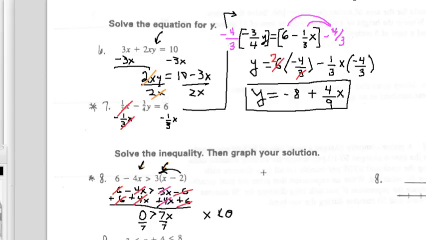So it looks just like this on the number line. That point is 0. We have an open dot, and we shade everything to the left. That is our answer.